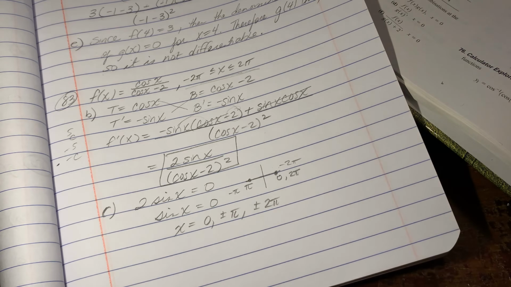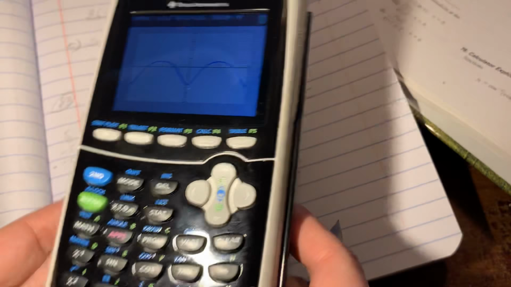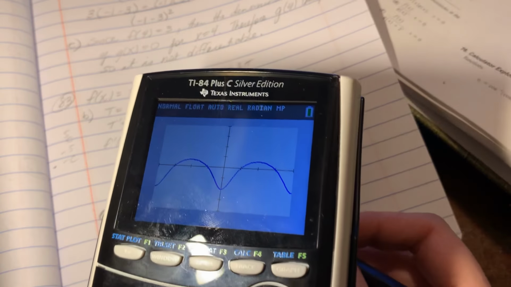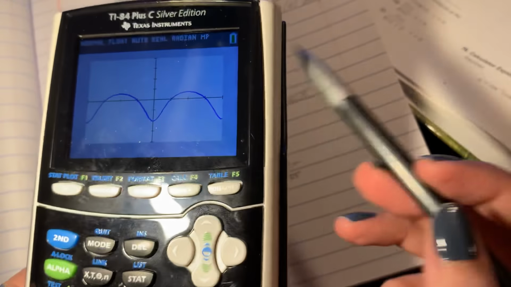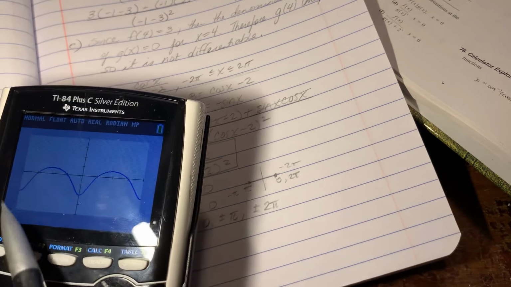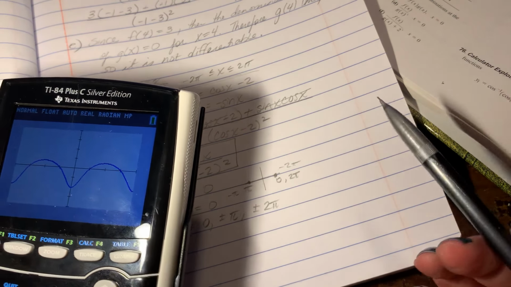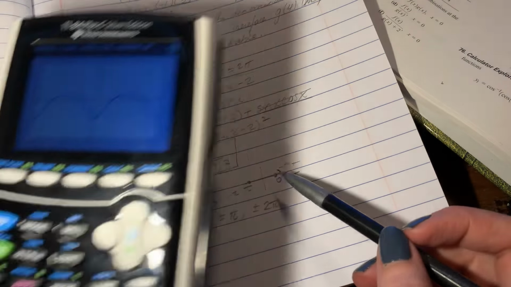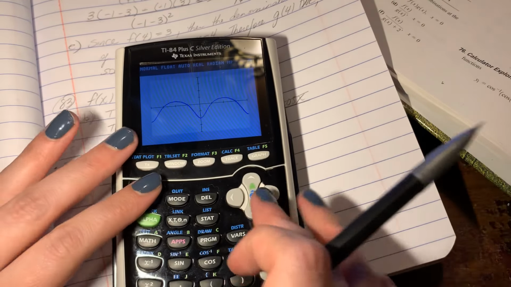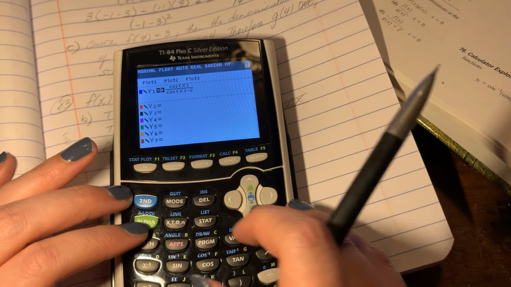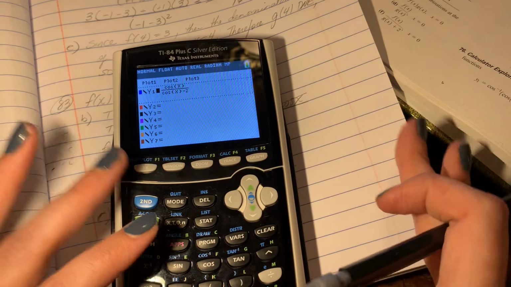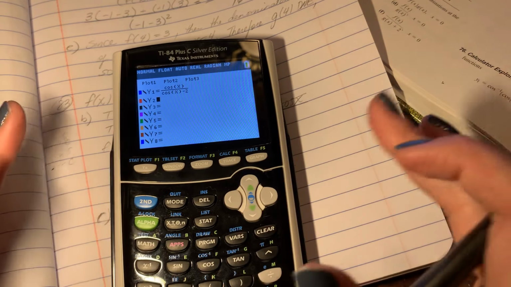Okay, you could also graph the derivative. You just type this in and graph it and then find all the places that it's 0, okay? If you didn't want to use your unit circle, if you didn't know how to, then you just literally graph the derivative. So I'm going to turn this one off because I don't want to delete it because I might need it later. I'm not sure.